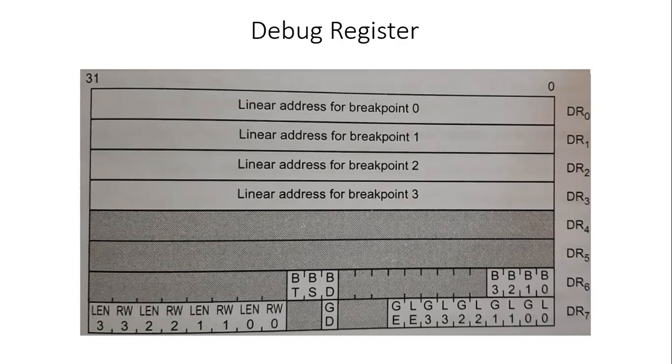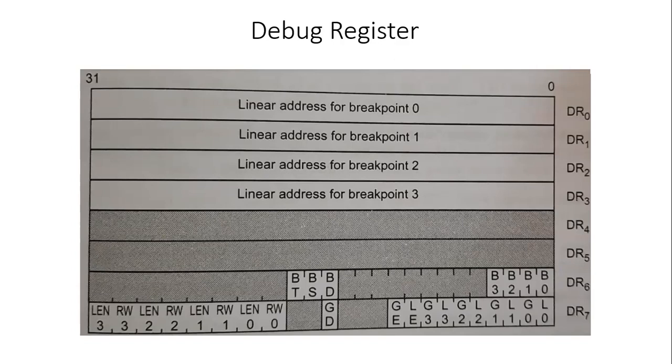Then DR4 and DR5 are undefined. Then we'll come to DR6 and DR7, two important debug registers that play a very important role in the debugging process. I'll just give the introduction. In DR6, the first bits are B0, B1, B2 and B3, which are nothing but breakpoints.